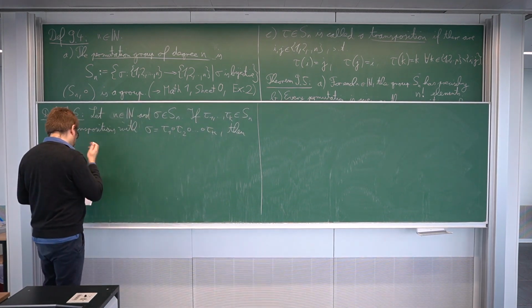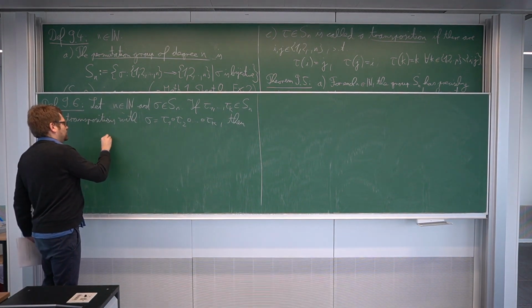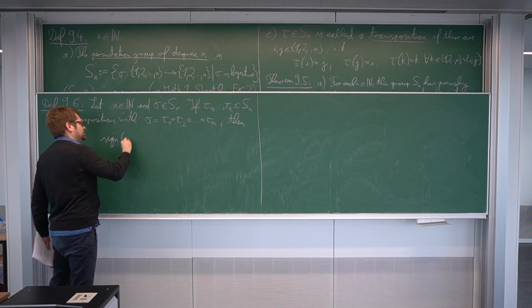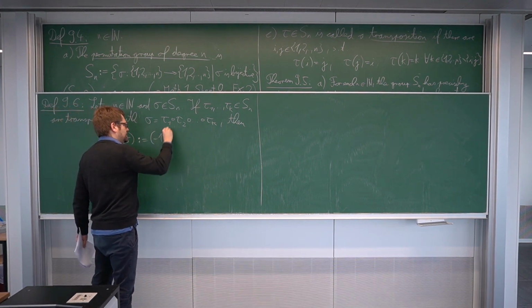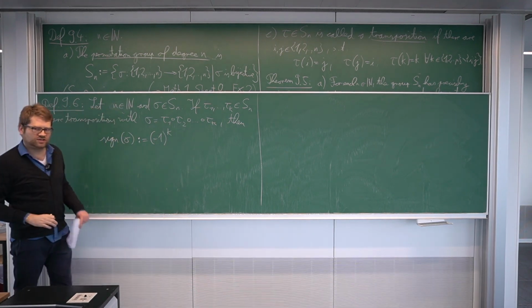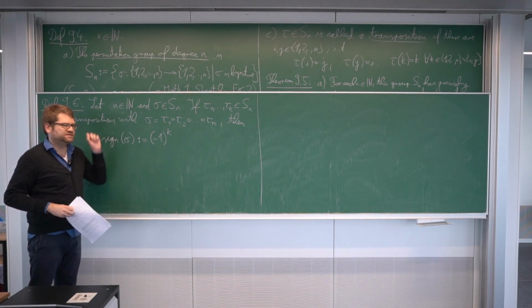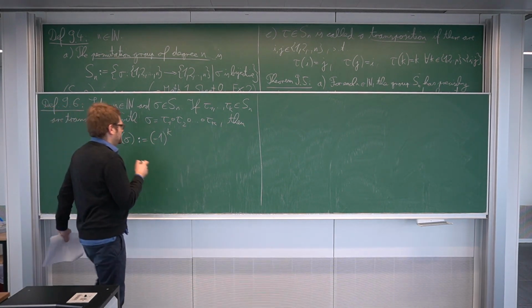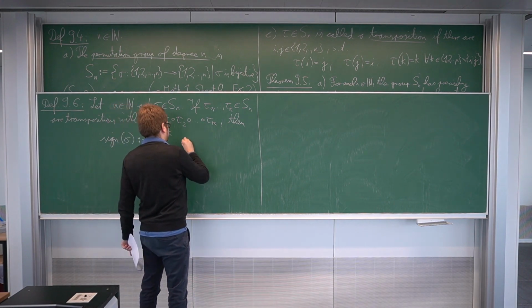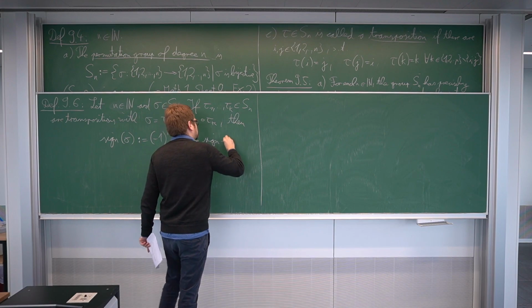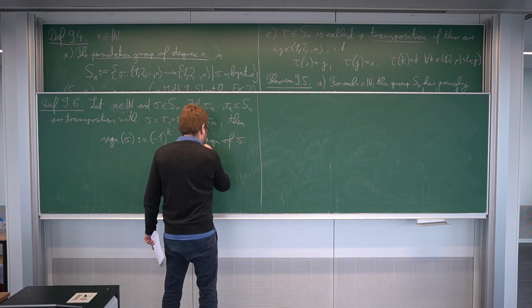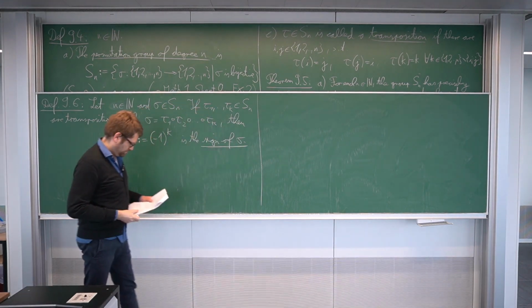We call the following number the sign of sigma. This is defined to be -1 to the k. So the number of transpositions that we needed to achieve this permutation determines what is called the sign of sigma, the sign of a permutation.